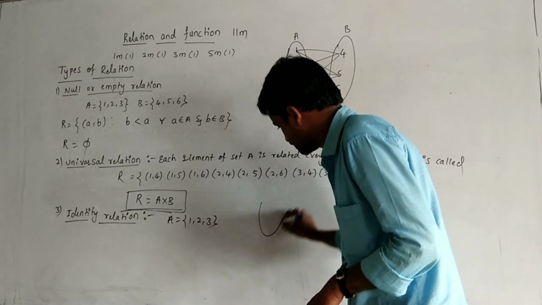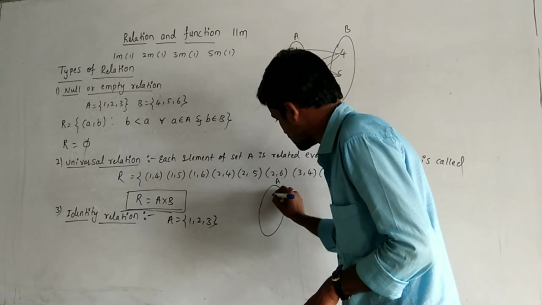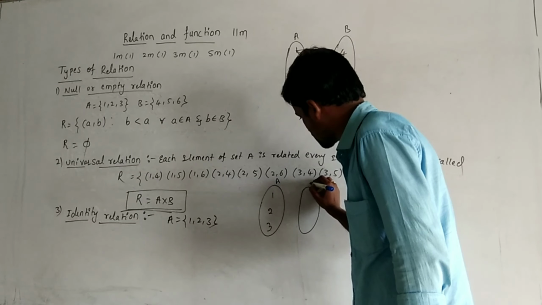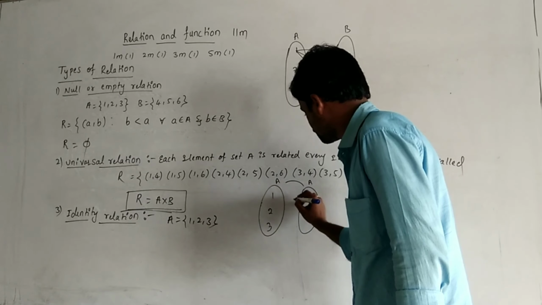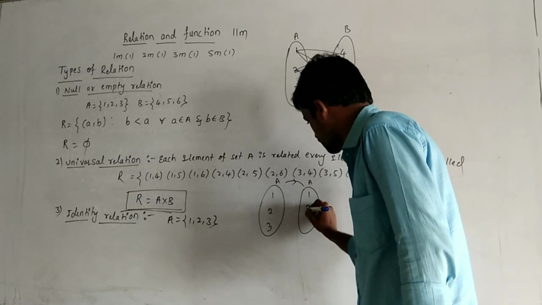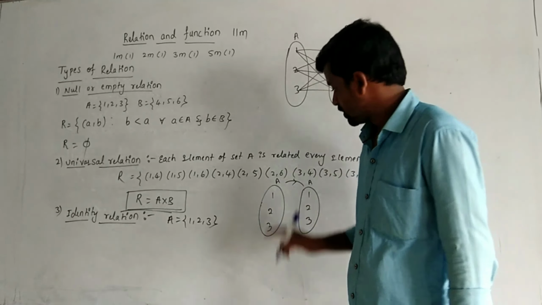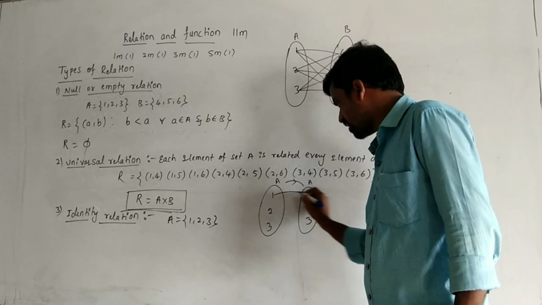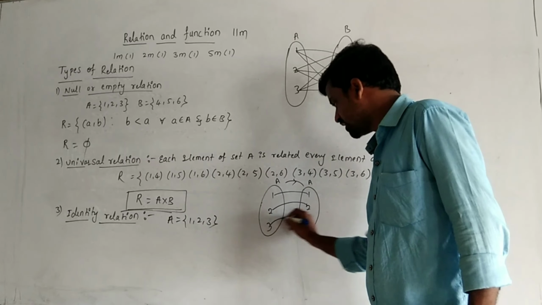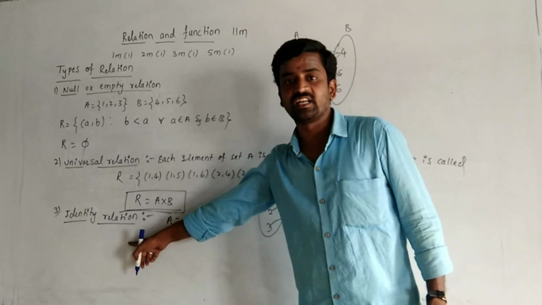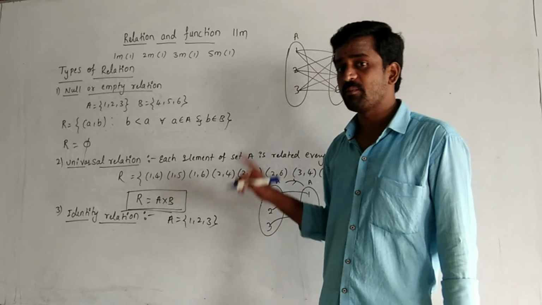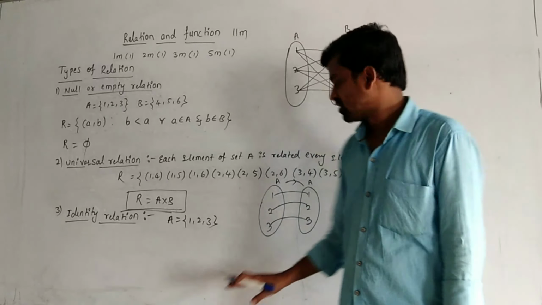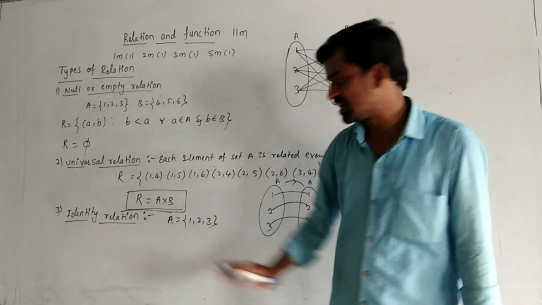See, in mapping, set A is 1, 2, 3, and here also set A is 1, 2, 3. Every element of set A is related to itself only: (1, 1), (2, 2), (3, 3) is called identity relation.